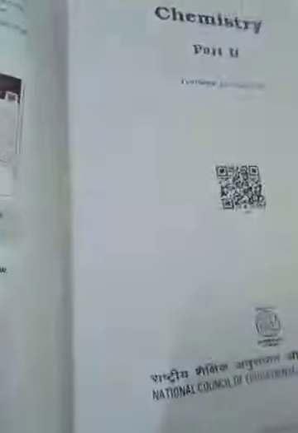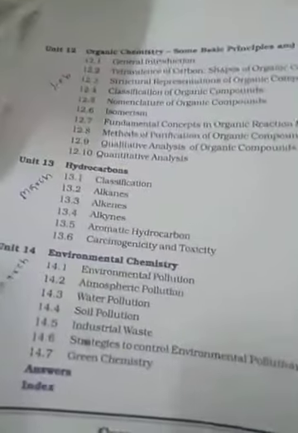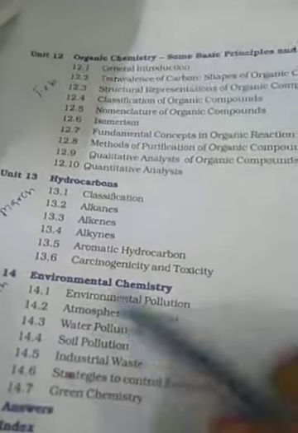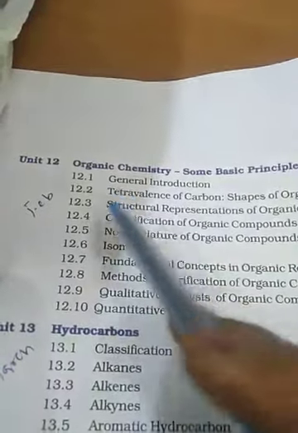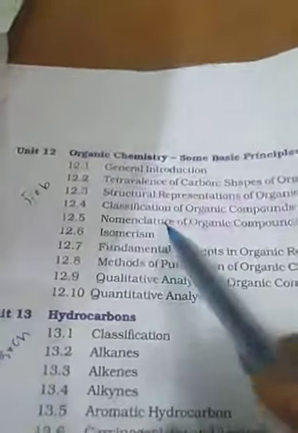The chapters I will tell you: in unit 13, hydrocarbons, and in unit 12, organic chemistry, some basic principles. In these two chapters you will understand well what hybridization is, but I will make you understand in a smart way.